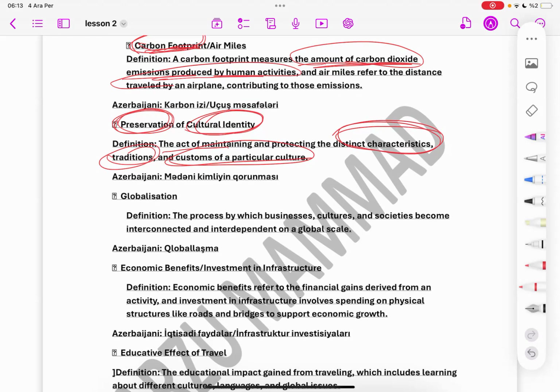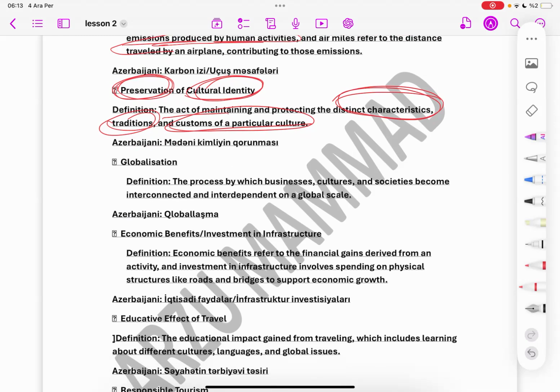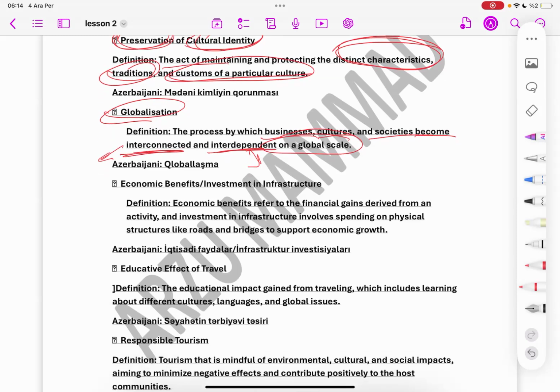So we need to preserve our cultural identity, for example. Globalization, today's world is a globalized world because all businesses, cultures, and societies become interconnected. It means connected to each other, and interdependent. It means they depend on each other on a global scale.